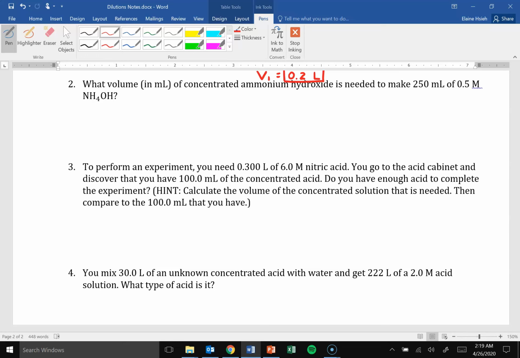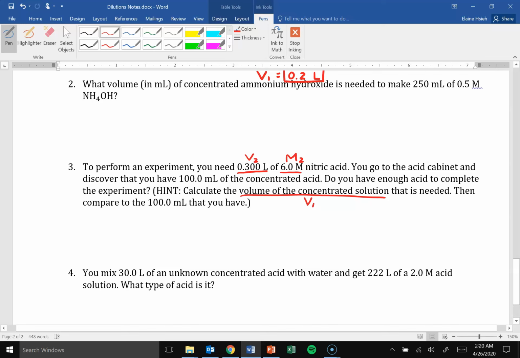All right, so I'm going to take the hint, and let's calculate the volume of the concentrated solution. That means we're going to calculate V1. Remember that concentrated just means before diluting. The problem says that we need 0.300 liters of 6.0 molar nitric acid. So there is our V2 and our M2.